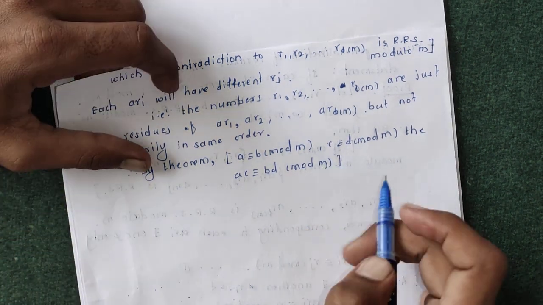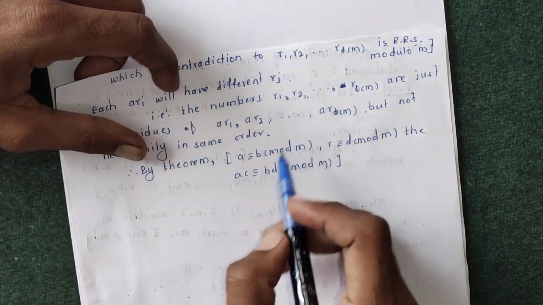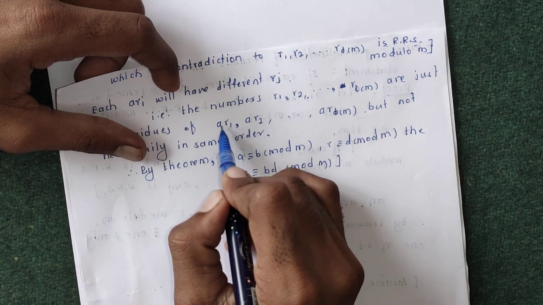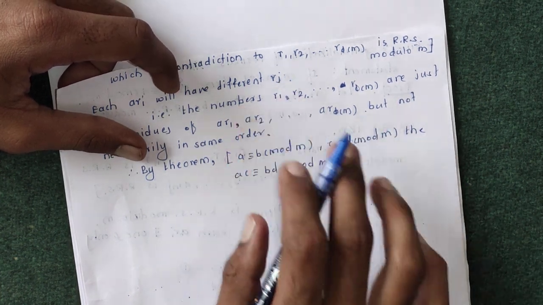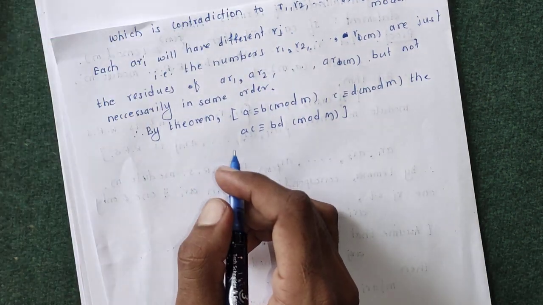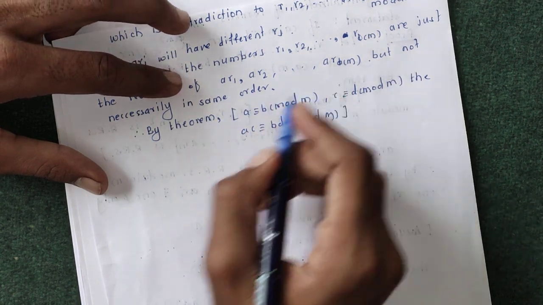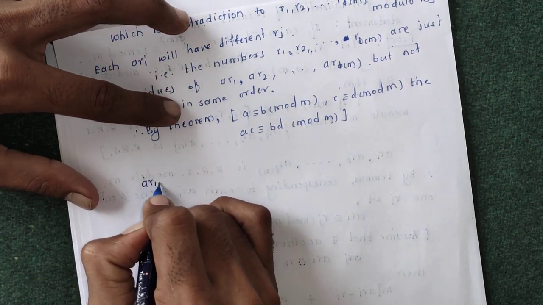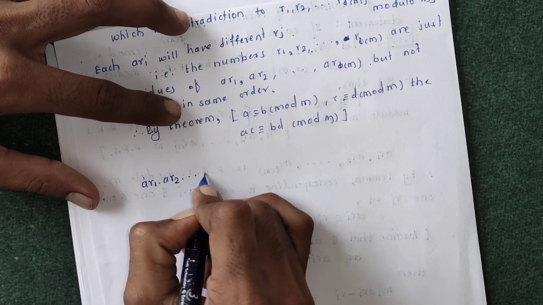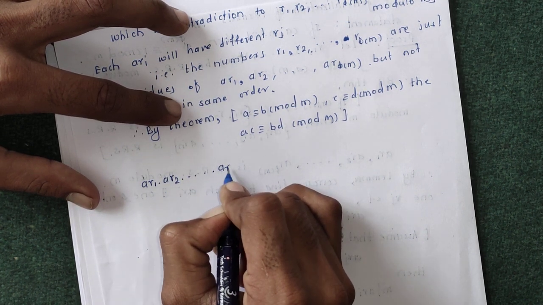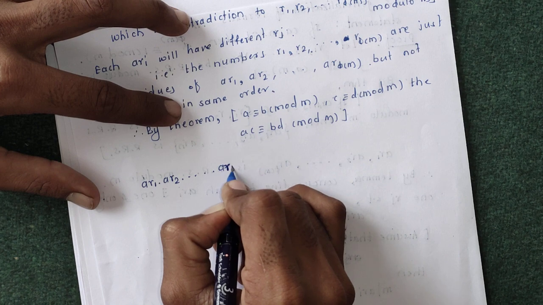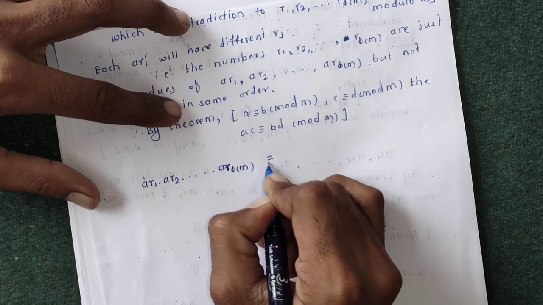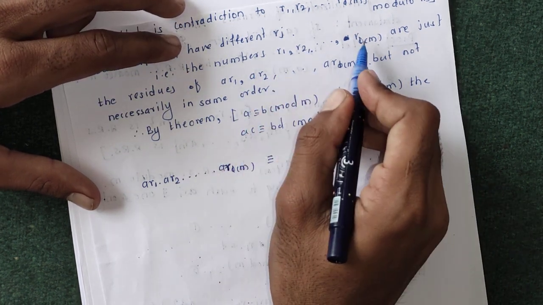Using this result we can write the multiplication of all these phi of m congruences as ar1 into ar2 up to ar phi of m is congruent to r1 r2 up to r phi of m.